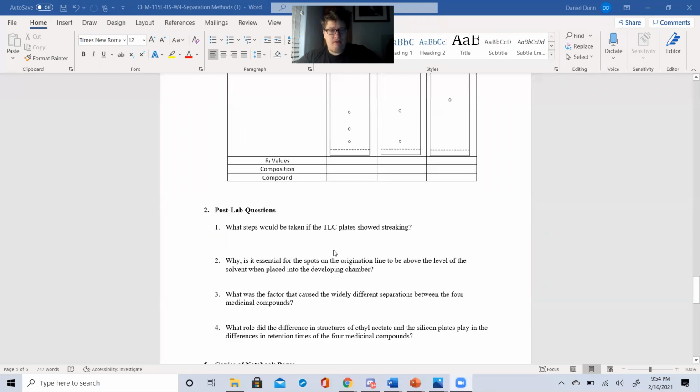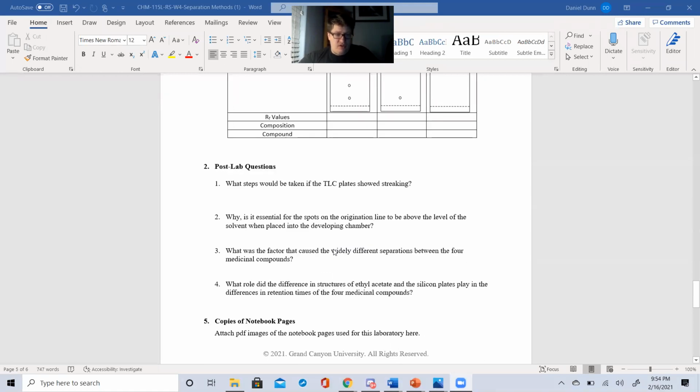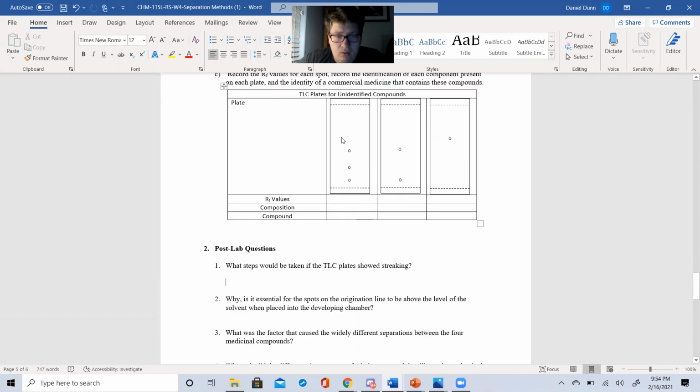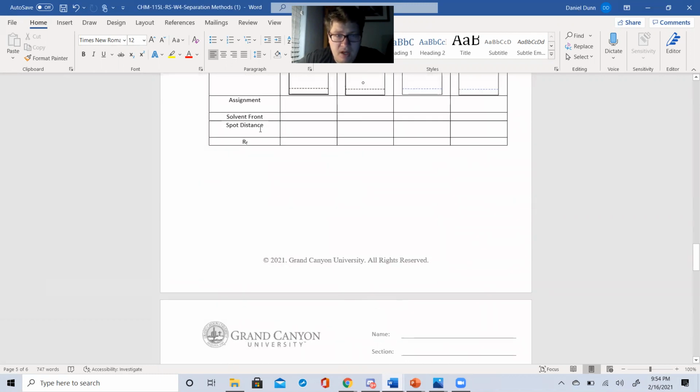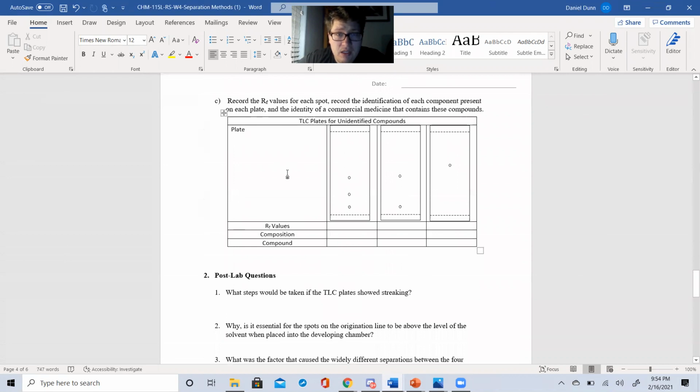That's what I care about for that one. Now, post-lab questions you can answer by reading the lab manual, but it's going to ask about streaking. Streaking occurs mainly when the spot line or spot distance is overflooded with stuff. You usually get a pipette and put a little tiny dot.